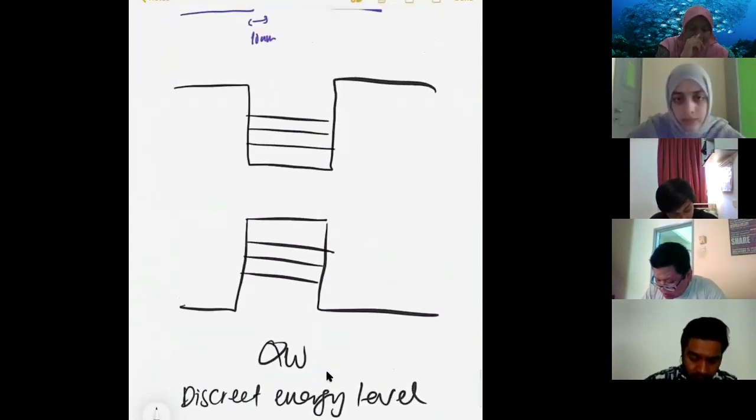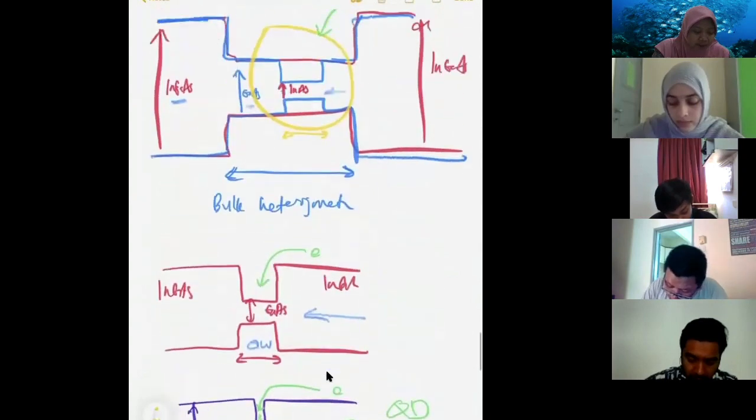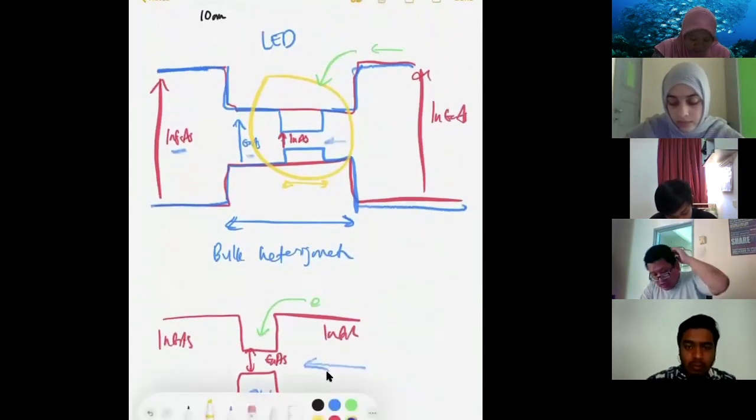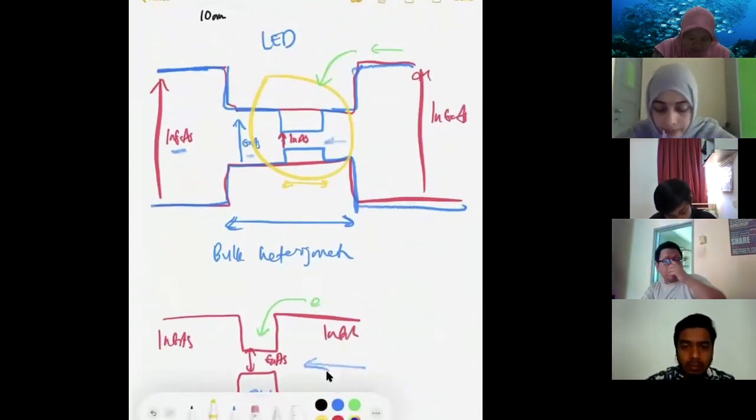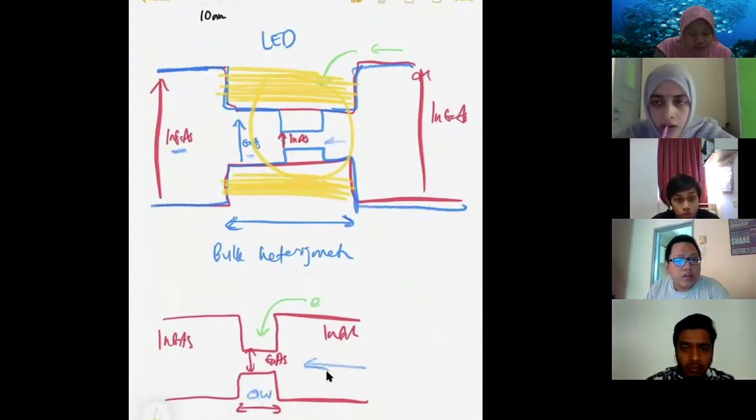This is a quantum well, small enough that previously, if it's a bulk, the energy level is continuous, right? Remember I told you, if it's a bulk semiconductor, the energy level is continuous. There's no gap, right?